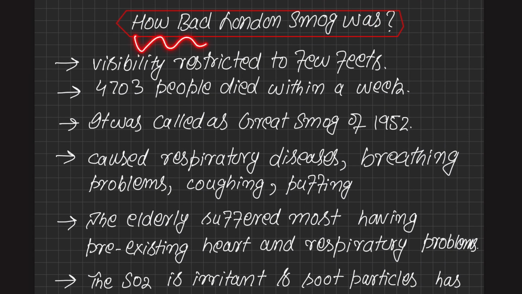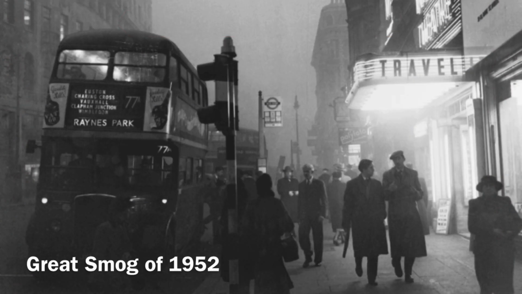So let's see how bad the London smog was. The London smog was called the Great Smog of 1952. The visibility was restricted to just a few feet and almost 4,703 people died within a week of the appearance of this smog.